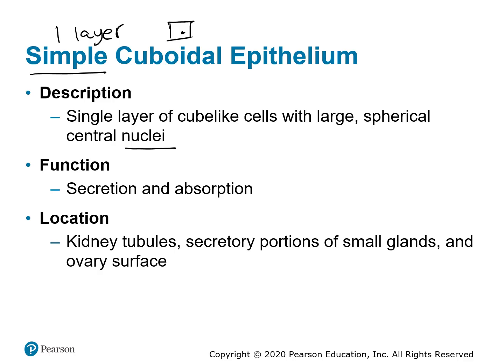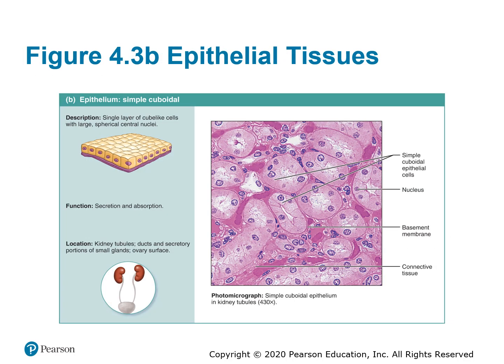You'll find them in the kidneys, in some of the glands, and around the ovary surface. They're mainly in the walls of the smallest ducts of glands, so they're still kind of rare. Well, you have glands all over your body, so blah, blah, blah. Again, some images of some simple cuboidal tissues. You guys have seen these in lab.